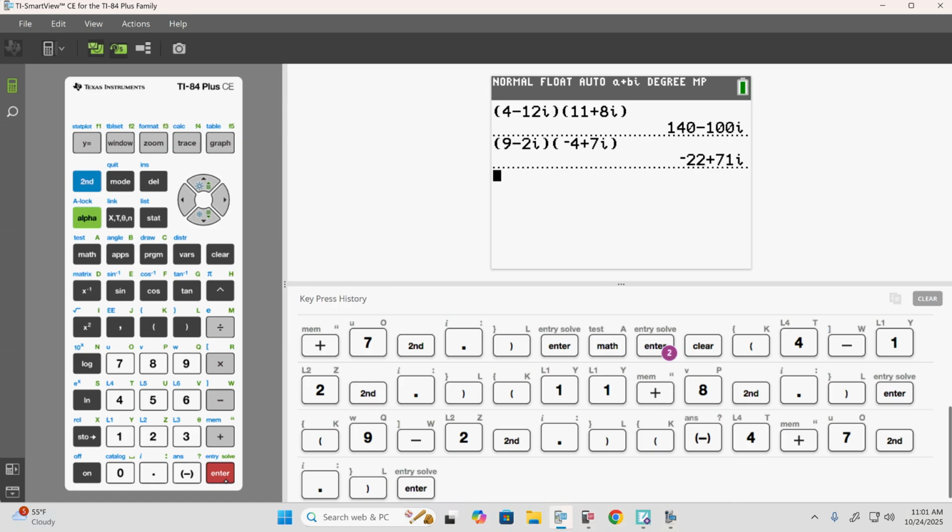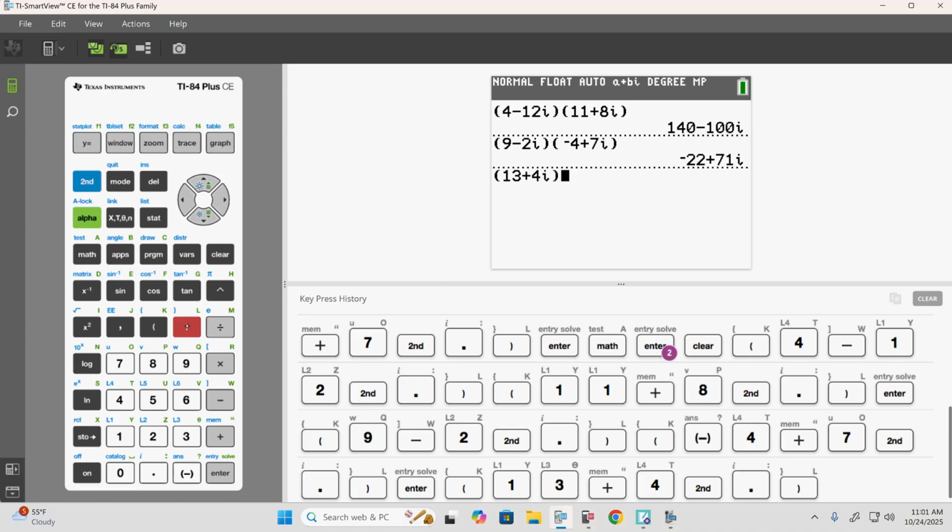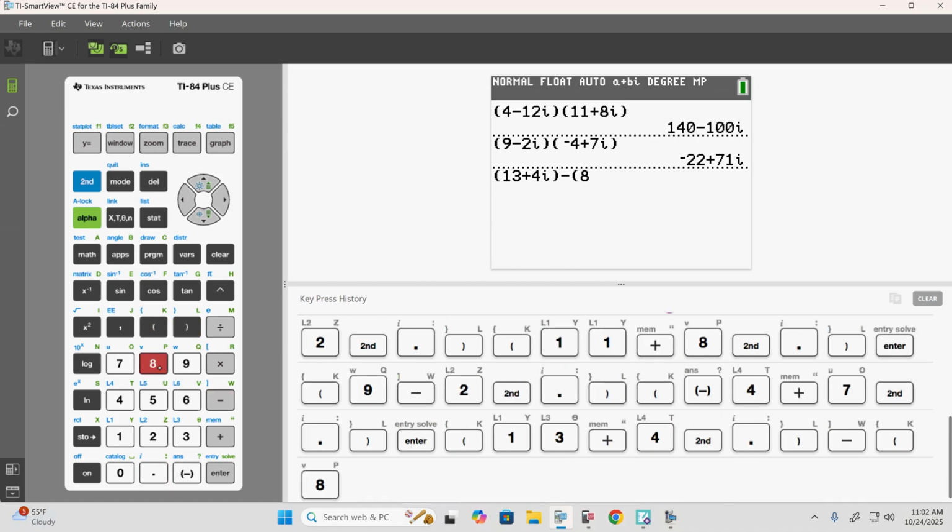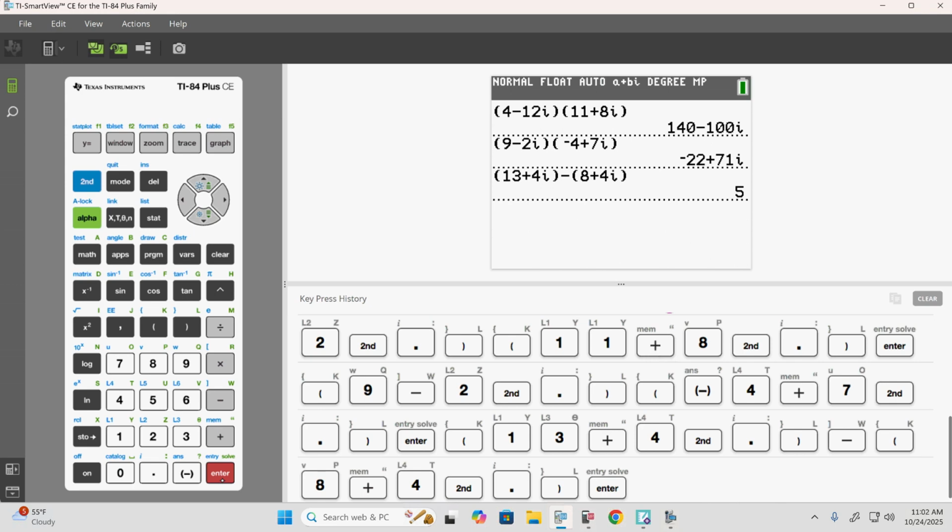So we could do those there. Because there were 2 addition ones we didn't get to, right? 13 plus 4i minus 8 plus 4i, which would have given us 5.